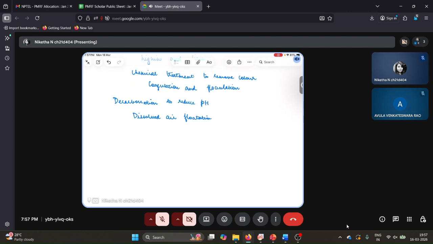Dissolved air flotation is used for removing very fine particles which cannot settle down. What we do in this is create some air bubbles. The air bubbles will carry the fine particles to the top and then they can just be skimmed off. So this is done when we have very fine particles.